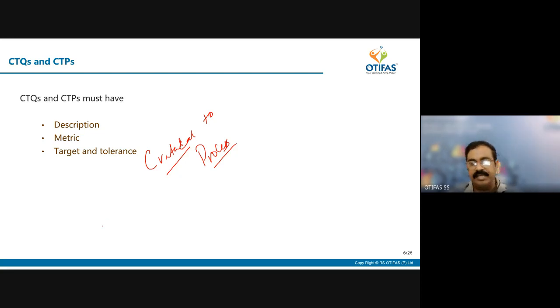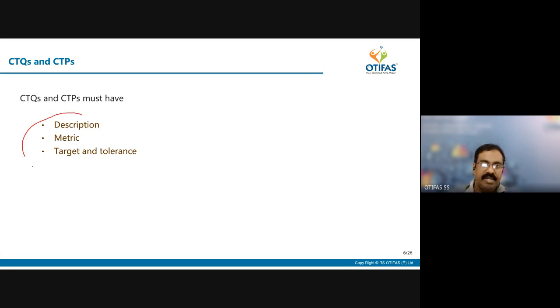You need to understand which critical parameters affect your output. That is what you are going to do in the measure phase when problem solving. Now CTPs and CTQs should have a description, a metric, a target, and tolerance. For example, description, we say hot pizza.